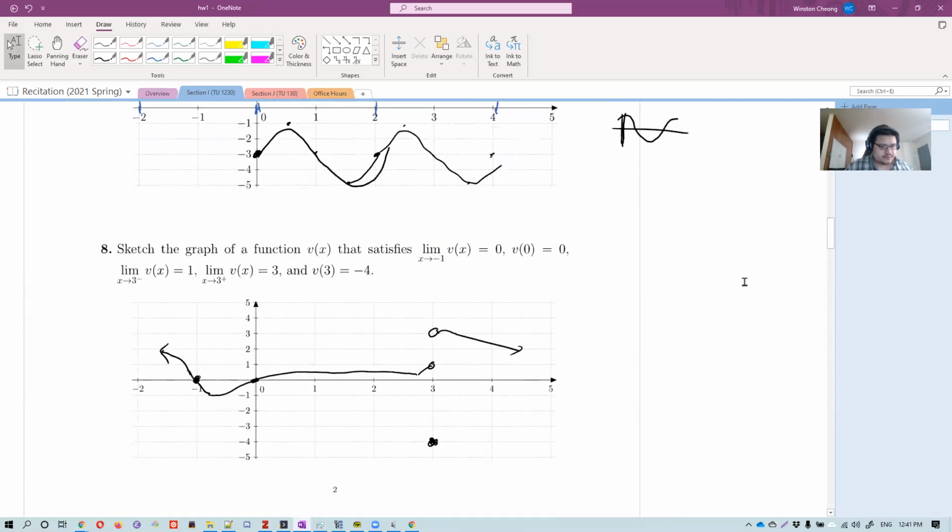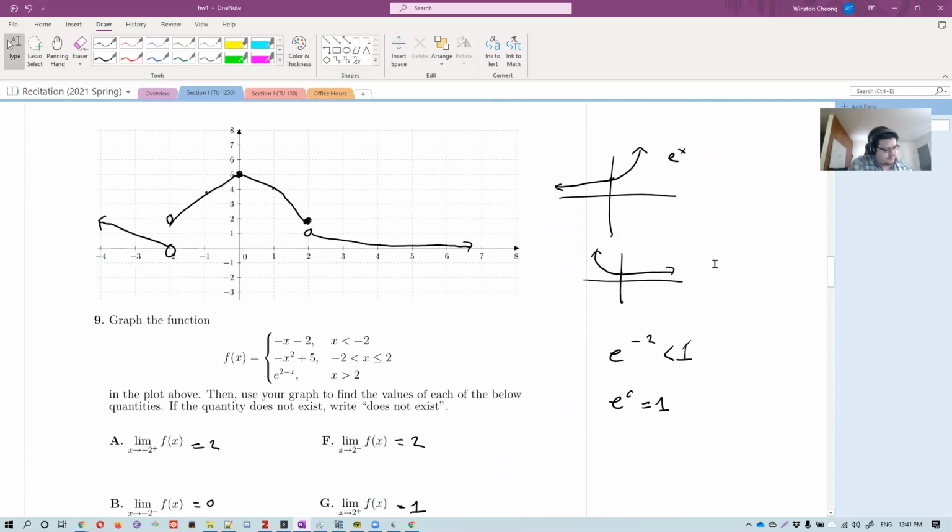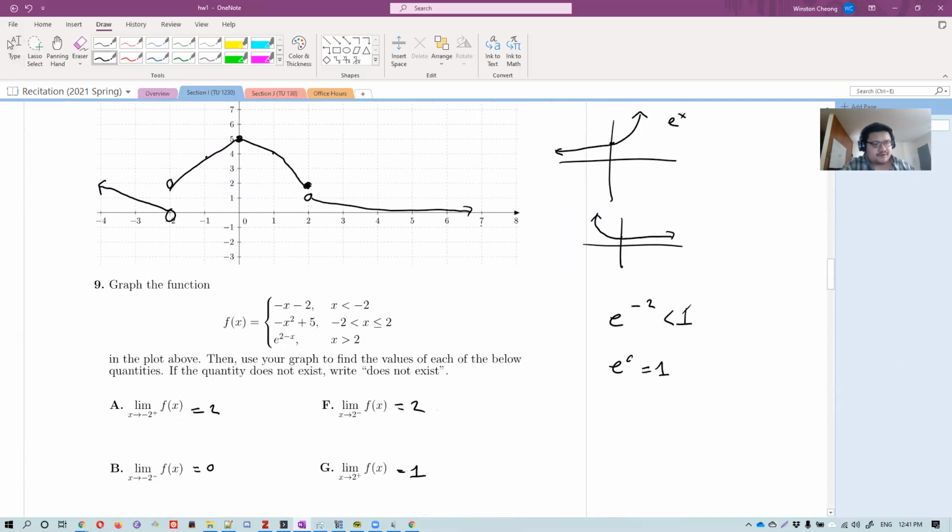And the next one we need to do, I made very silly mistakes with graphing a parabola. So apparently I have to think a little bit just to graph a parabola correctly. The normal thing that you do is when you go over by 1, you go up by 1. But in this case, the parabola opens downward, so we go down by 1. Then when you go over 2, you're supposed to go down by 4.